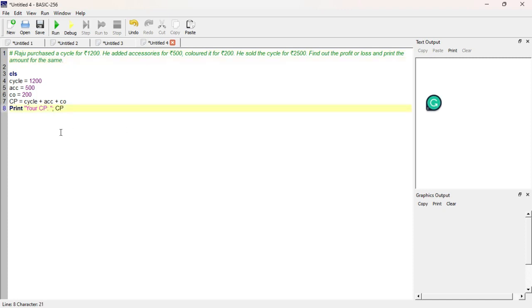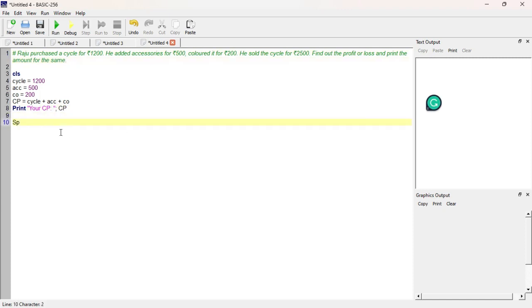So let's see what we have to do. First we are going to mention the SP. For profit I am using the P variable. Profit will be SP minus CP, because SP is greater in this case, and loss will be CP minus SP, because CP is greater in that case.